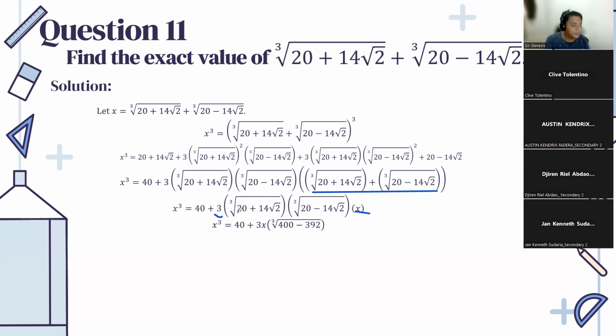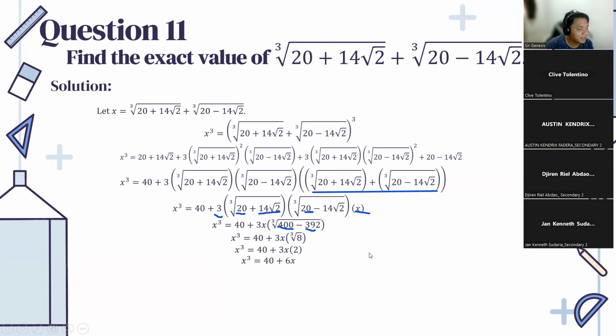So cube root of 20 squared, 400, minus 14 square root of 2 squared. So that will be 196 times 2, which is 392, which will give us x cubed is equal to 40 plus 3x multiplied to cube root of 8. We already know how to get cube root of 8. That will just be 2.